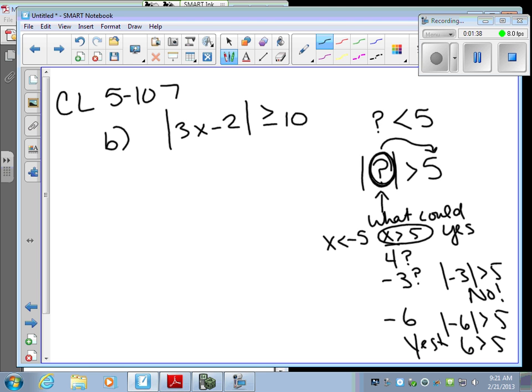So let's take that knowledge over here. Either 3x minus 2 is going to be greater than or equal to 10, or 3x minus 2, the stuff inside here, could also be less than or equal to -10. All I did was flip the sign and make it negative.